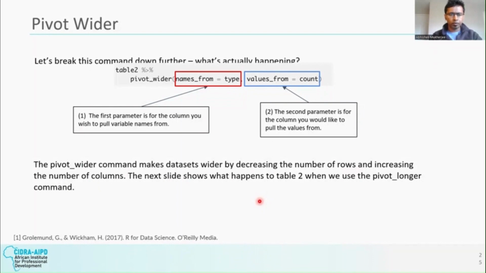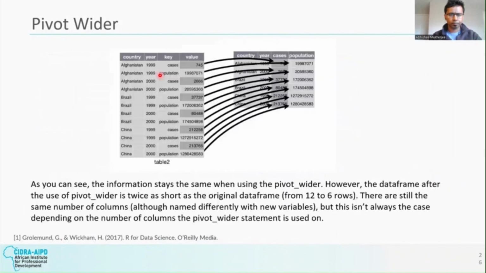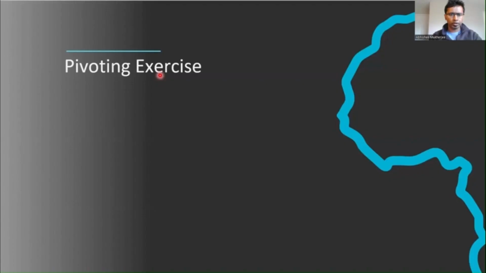So by doing this pivot wider transformation, we can convert the table 2 to a tidy format similar to table 1 as we had seen in some of our previous slides. I'll go through these examples of pivot wider and pivot longer when I go through the corresponding exercises by doing a live screen share.